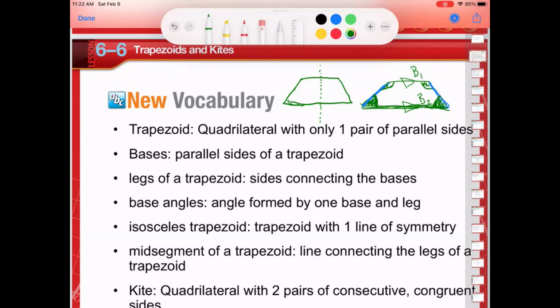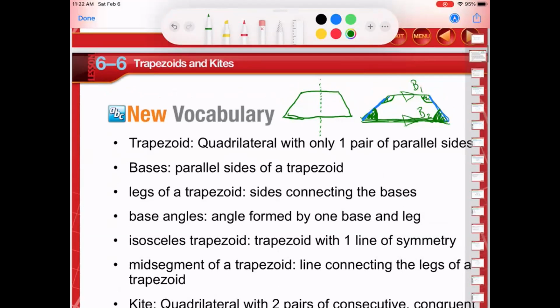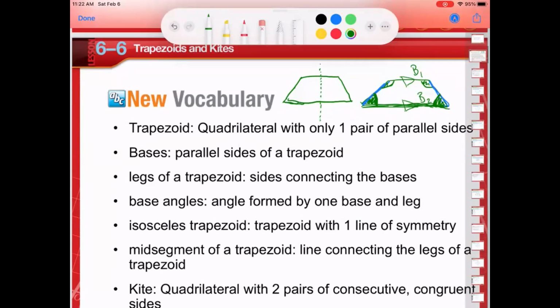Typically, when we talk about lines of symmetry, we're talking about all the shapes at once. For another reference, a perfect square would have a whole bunch of lines of symmetry. You could do lines of symmetry diagonally, straight up, straight down, left, right. So it would have four lines of symmetry.